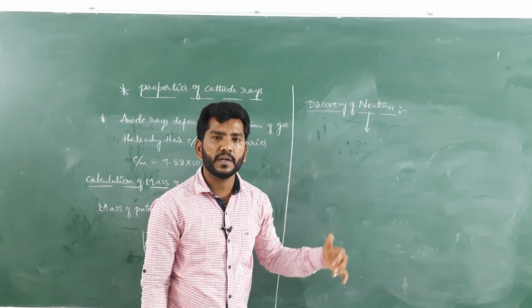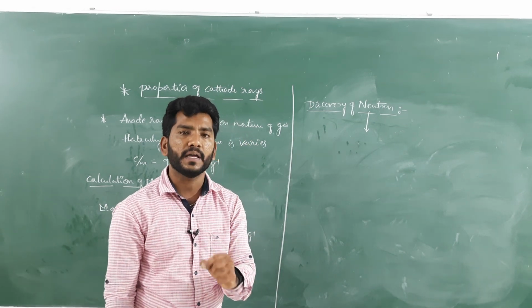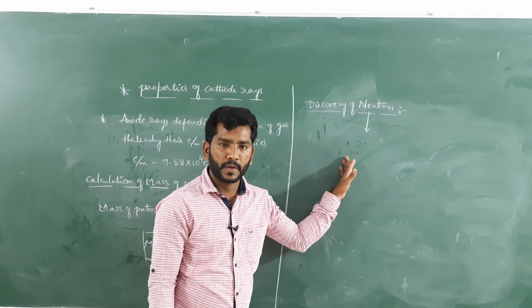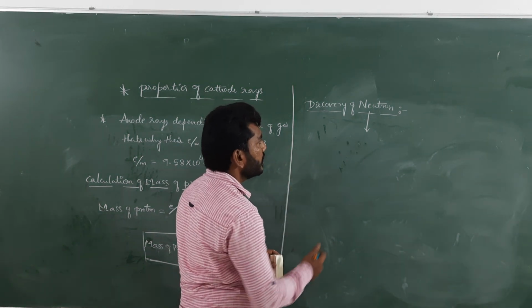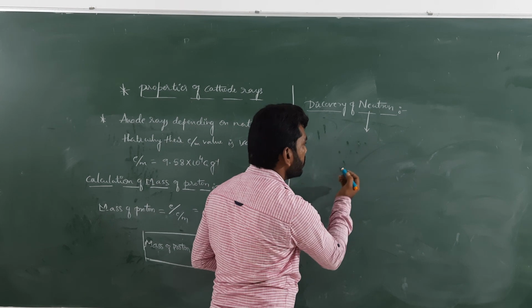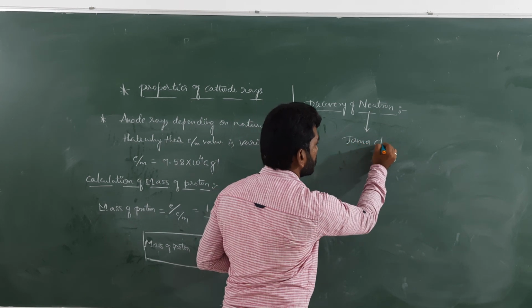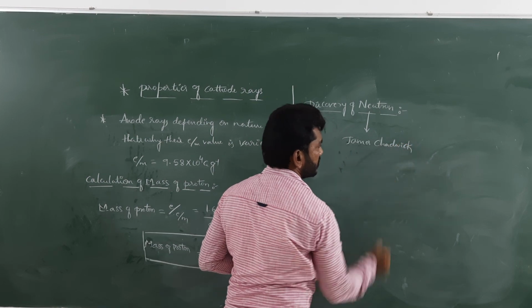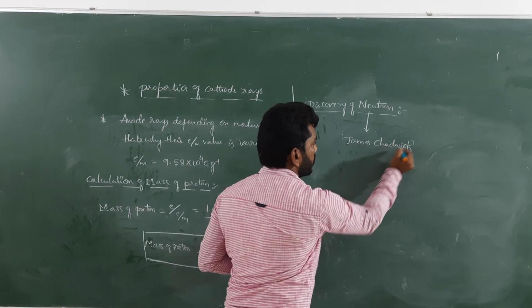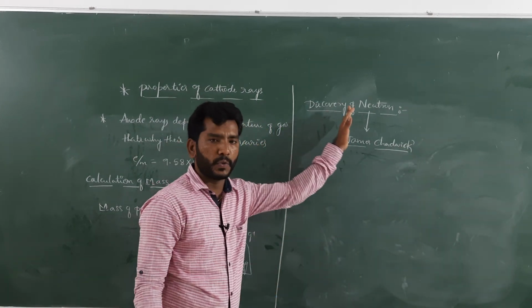Later on, the existence of the neutron was confirmed by James Chadwick. So the discovery of the neutron was done by James Chadwick. He is the fellow who discovered the neutron.